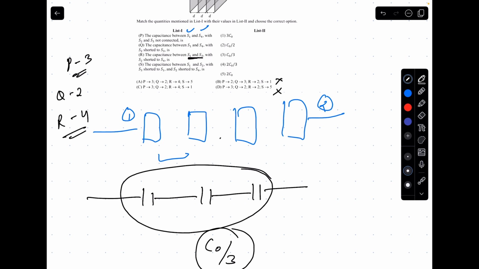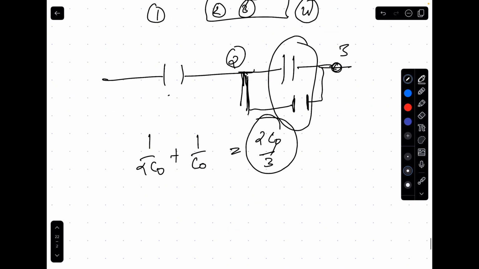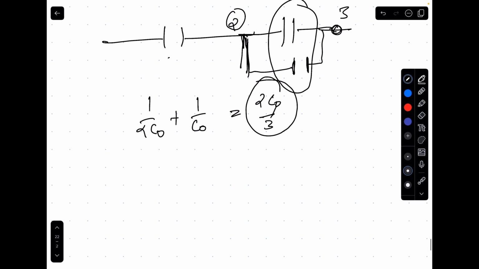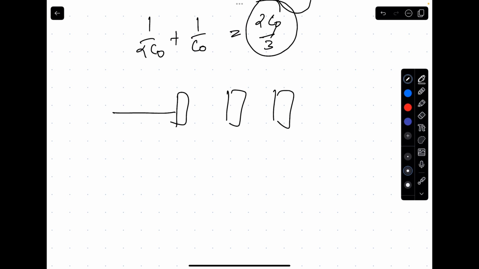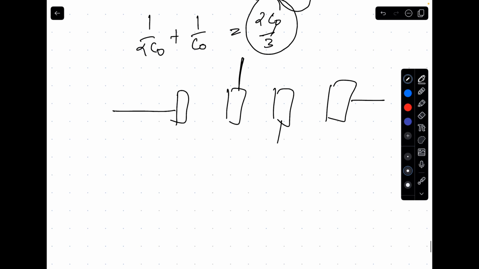Okay, I need to calculate all of them. The capacitance between S1 and S2, with 3 shorted to S1 and 2 shorted to S4. These are our terminals, and 3 and 1 are shorted.